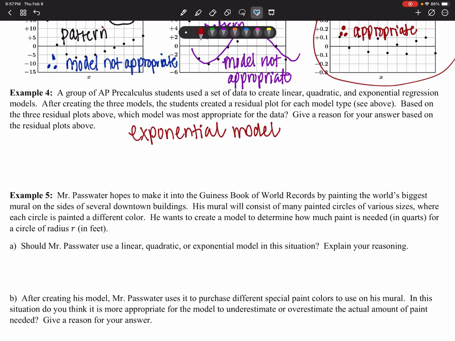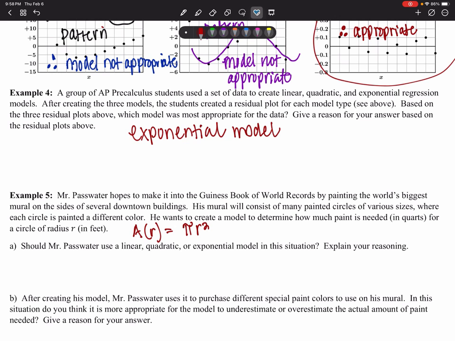So he's talking about a circle. It consists of many painted circles of various sizes, where each circle is painted in a different color. He wants a model for how much paint is needed in quarts for a circle of radius r. So the amount of paint needed depends on that radius length, because the area of your circle is pi r squared.